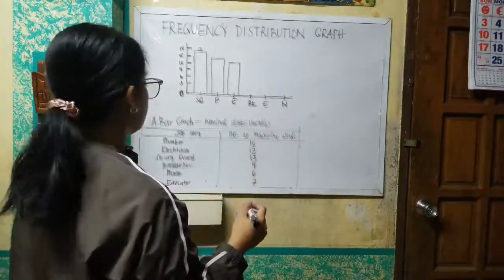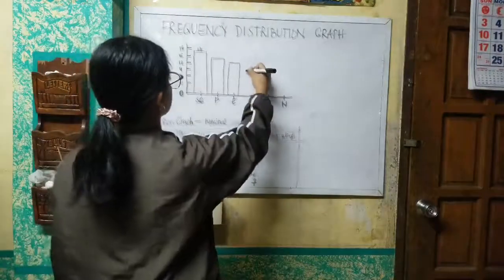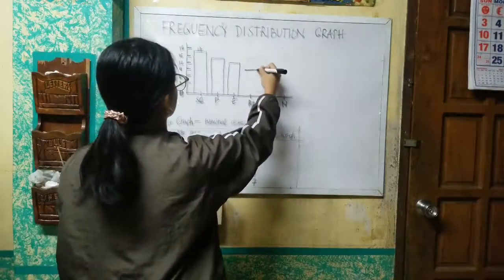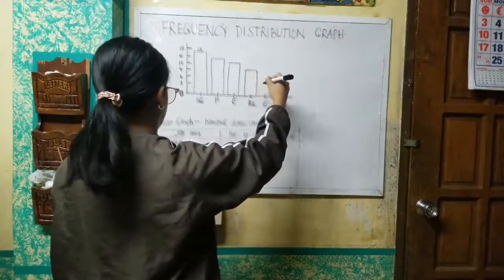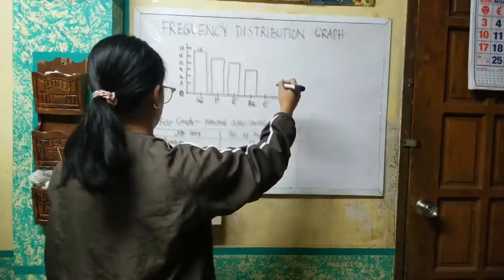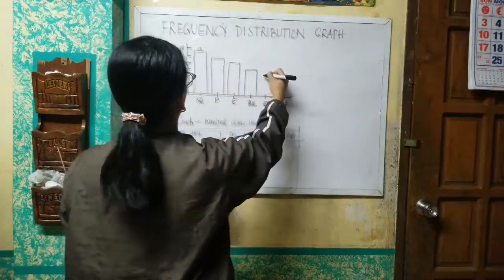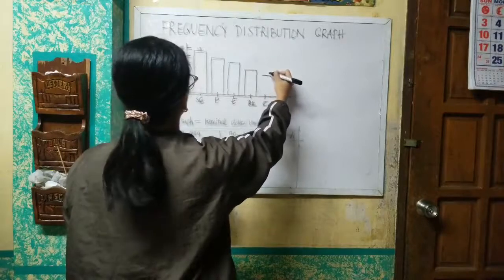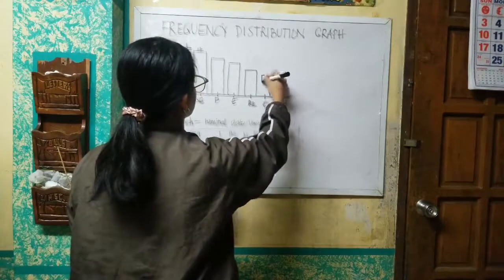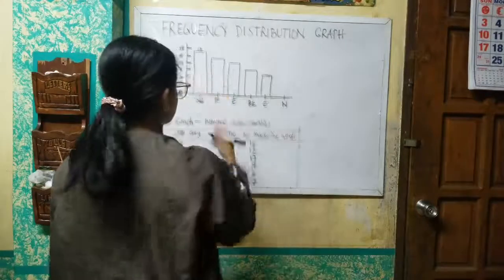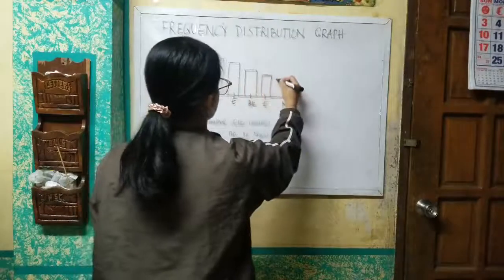And for bookkeeper, 9. And for educator, that is 7, 1 point beyond 6. And for nurse, that is exactly 6.